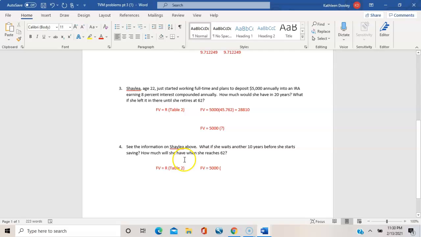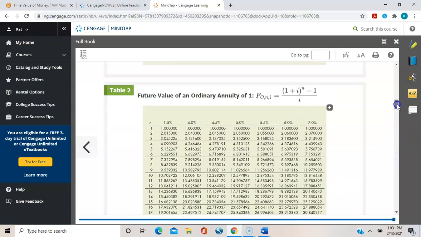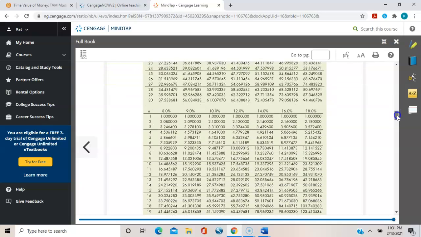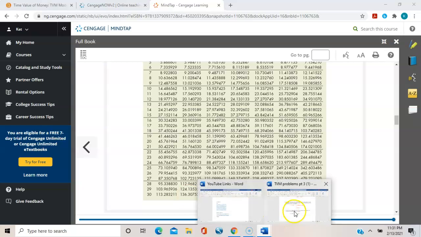And we're going to look up table 2 for 30 years, and that was 8%. So here is our 8%, this first column. Just make sure that we are in table 2. Yes, table 2. And here's our 8%. Here's our 30 years, 113.2883.